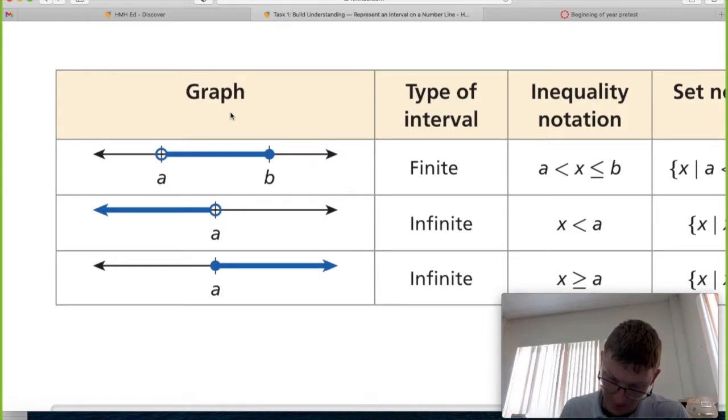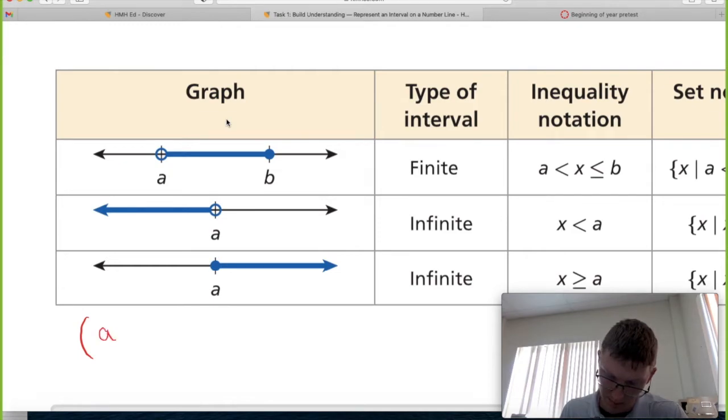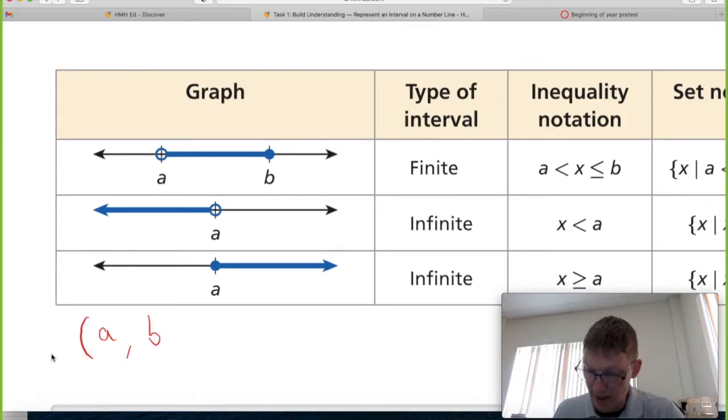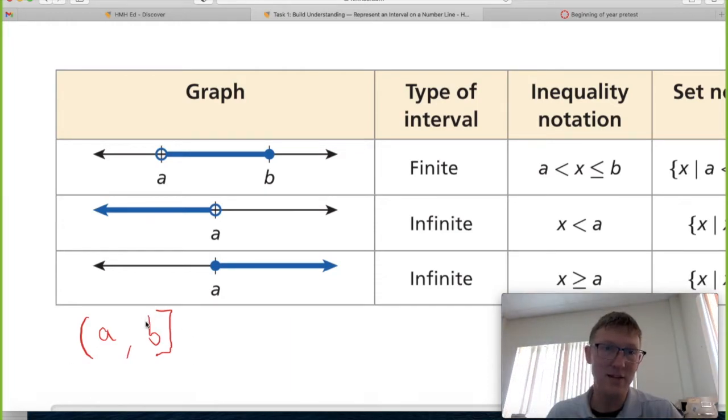So we have a regular parenthesis, and we'll put our A here, and that means that our interval goes from A to B, but it does not include A because we are using a regular parenthesis. But it does include B, so we're going to use square brackets. The square bracket indicates that it does include this value. The regular parentheses indicate that it does not include this value.